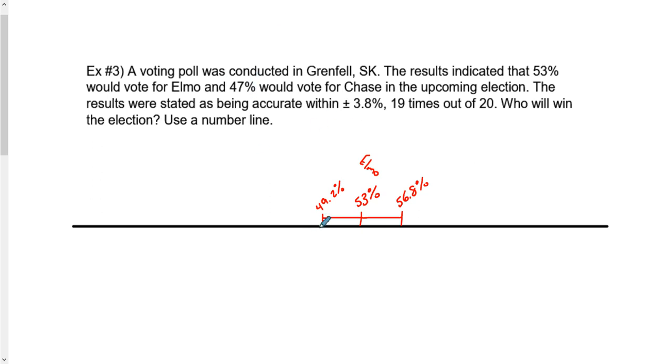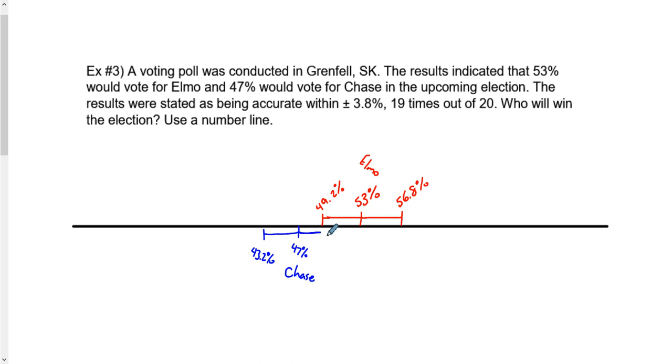It also says that 47% vote for Chase. Again, accurate within plus or minus 3.8%. So if we subtract 3.8 from 47, it is 43.2.